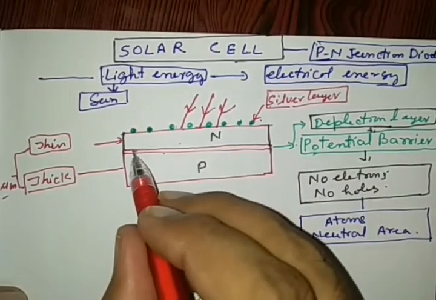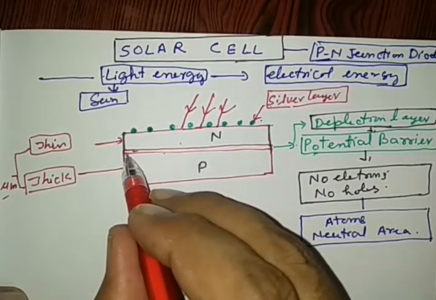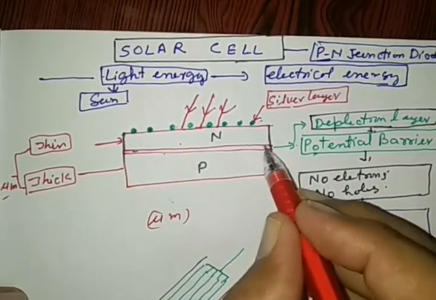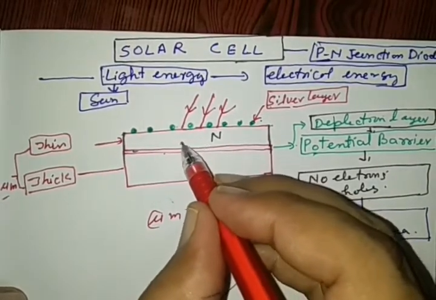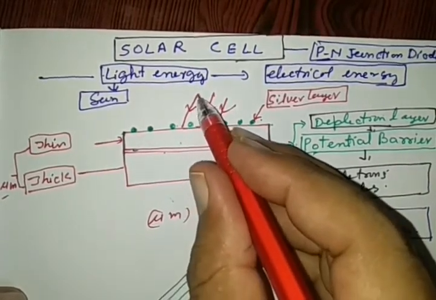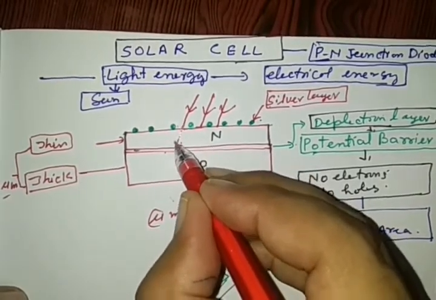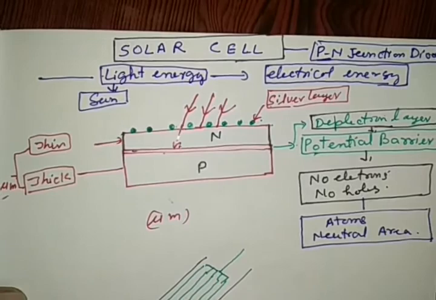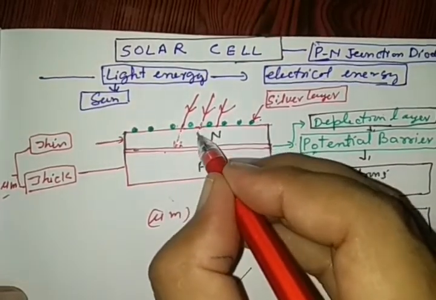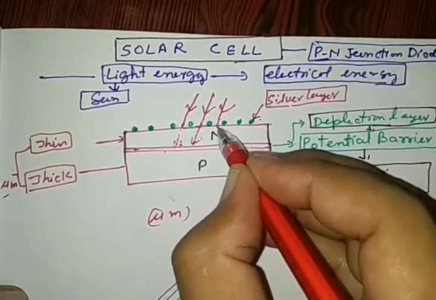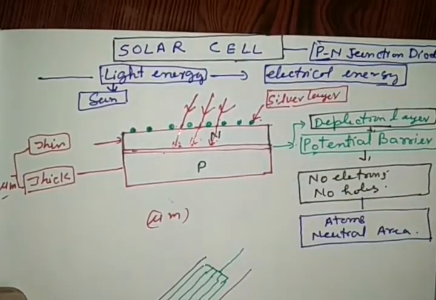Actually all the reactions take place at the depletion layer, and it is kept very thin only so that sun rays reach the depletion layer easily. Sun rays are easily available to the depletion layer, right?